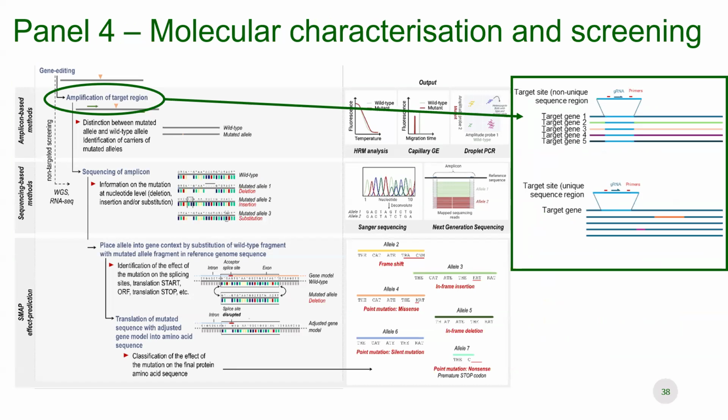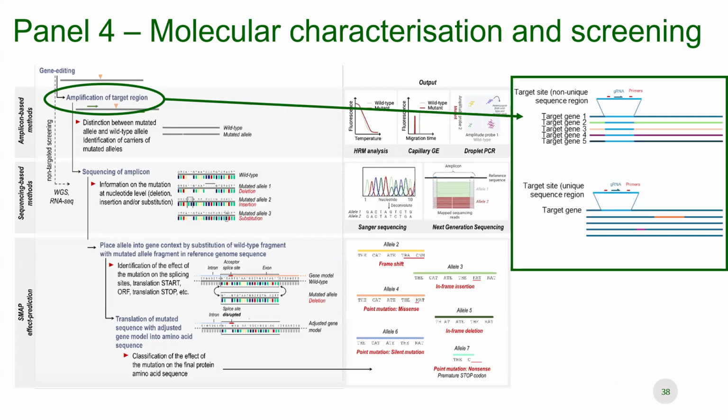So here is an overview of all the tools that will be included in this panel 4. We will have protocols for PCR, the amplification of target regions by droplet PCR, for instance. These protocols are there. But then also protocols for the sequencing-based methods, so protocols for Sanger sequencing and next generation sequencing.